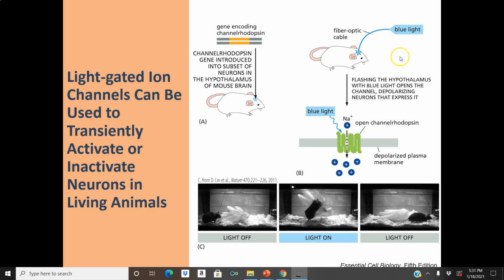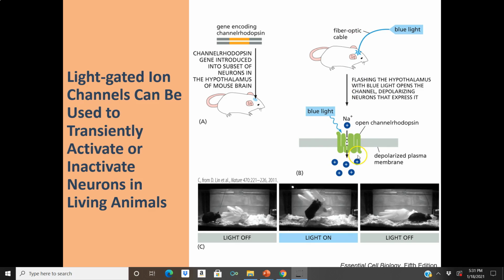When you essentially switch on the blue light, it opens the channels in that area that were encoding this channelrhodopsin. Those neurons get activated, they depolarize, causing the mouse to become extremely aggressive. However, if the light is switched off, they go back to their normal behavior and become docile again.